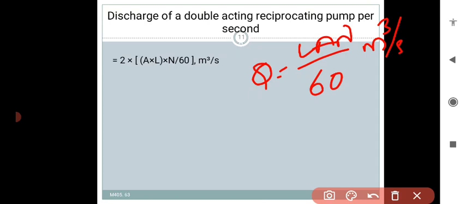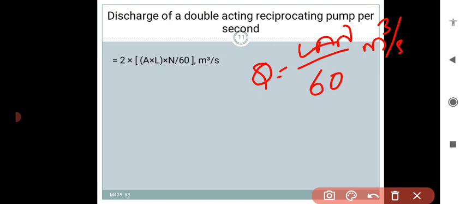When the piston moves from left hand side to right hand side, the suction 1 valve is open and delivery 2 valve is open. When the pressure of the fluid on the right side increases, the delivery 2 valve is open and the liquid available at the right side of the piston is delivered through the delivery pipe.